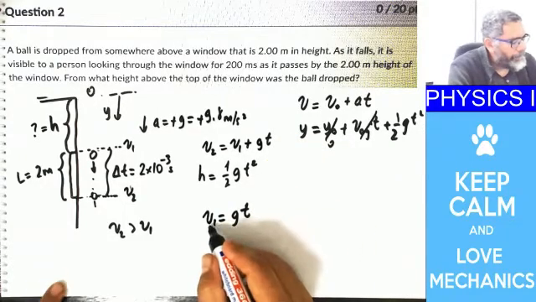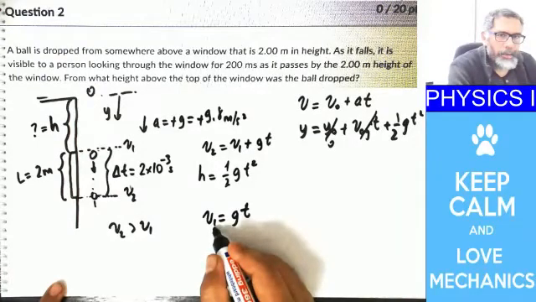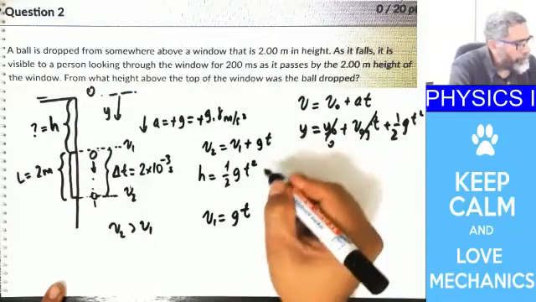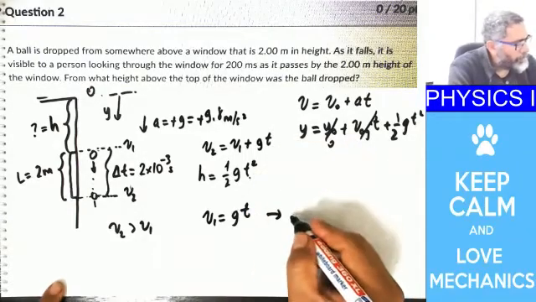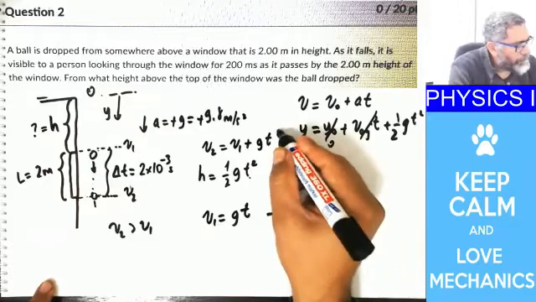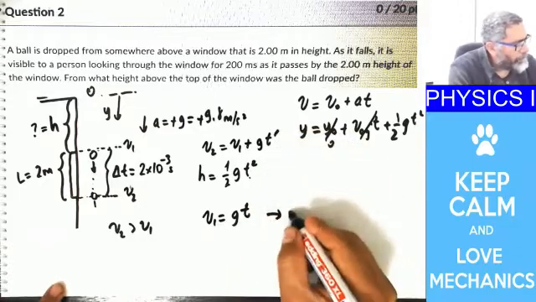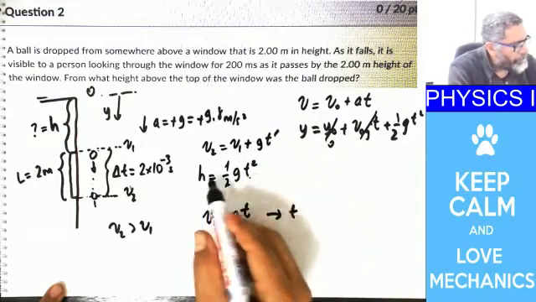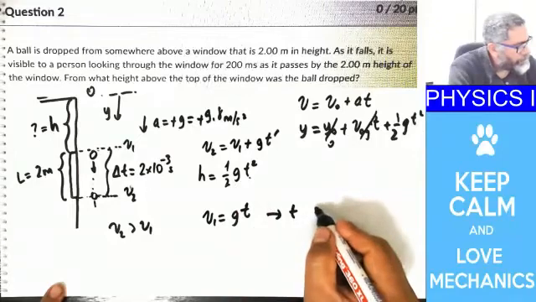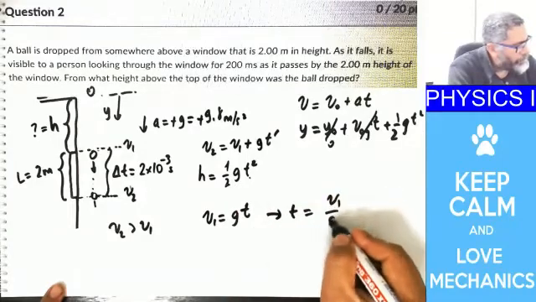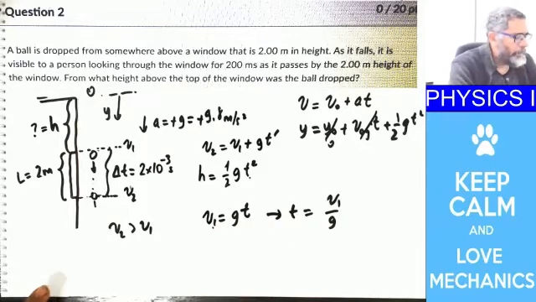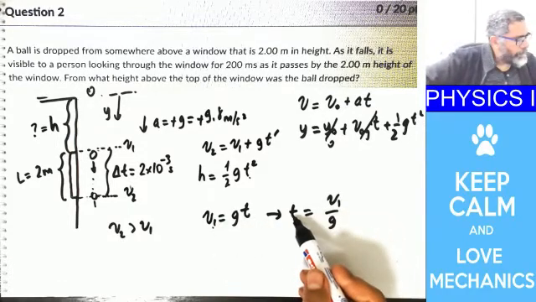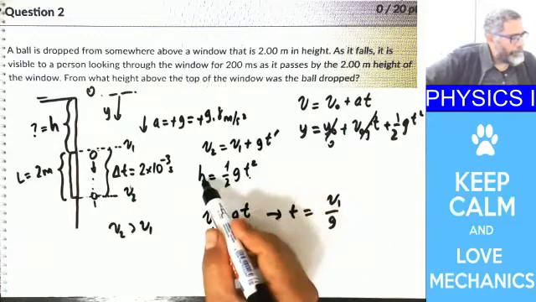This t, which appears in h, is going to be just v1 divided by g, right? But how can you find v1? If you can find v1, then you can find this time and put it over here to calculate h.